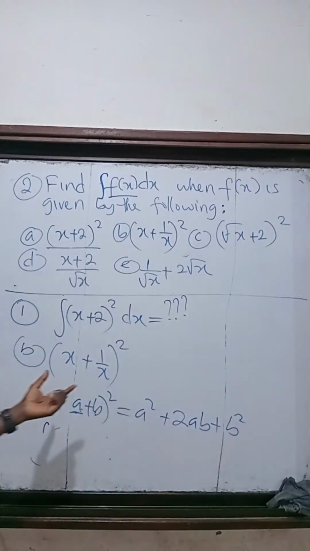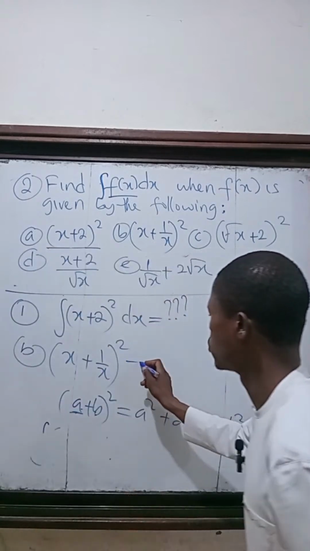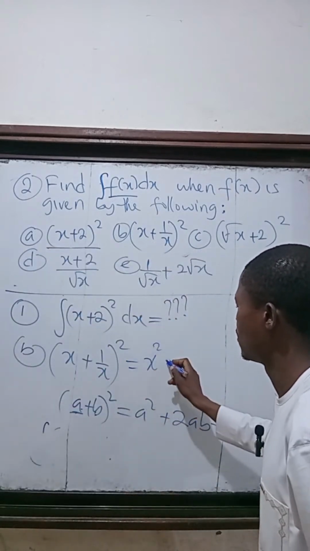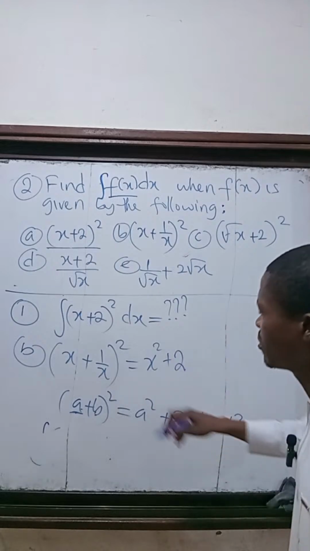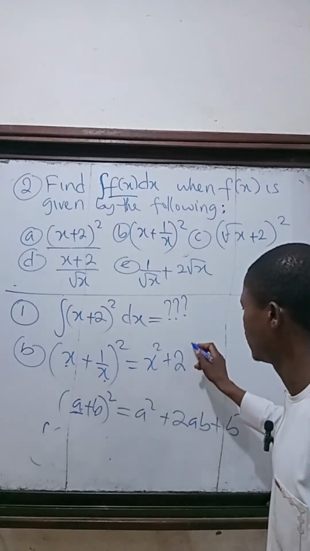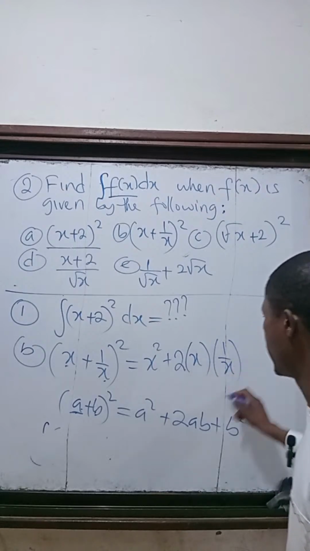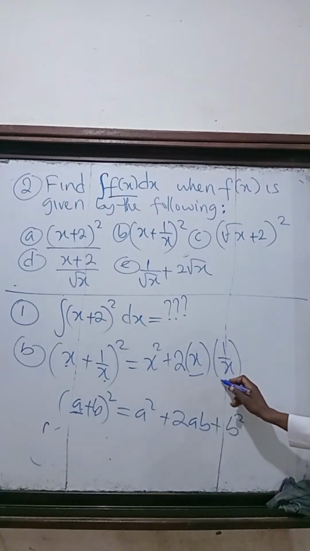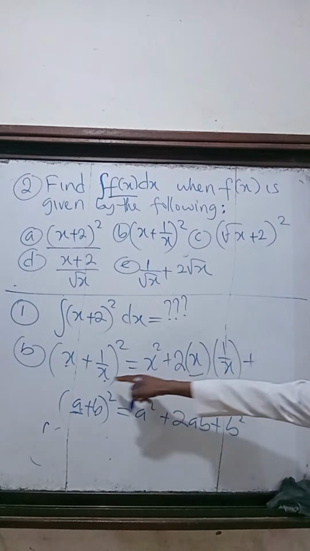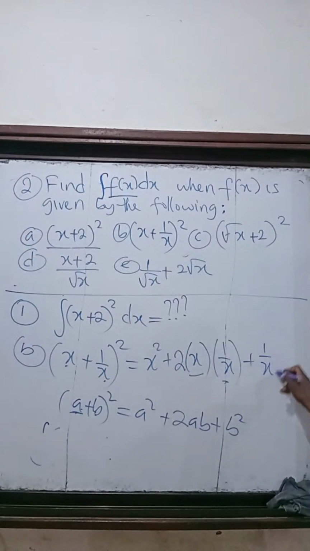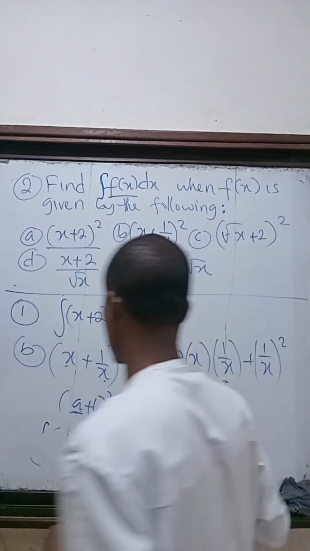So I'm going to apply that for this one, which will be equal to x squared plus 2 times this and this, where this is my a and this is my b, and then plus b squared, (1/x) squared. So it makes your work faster if you can learn that.